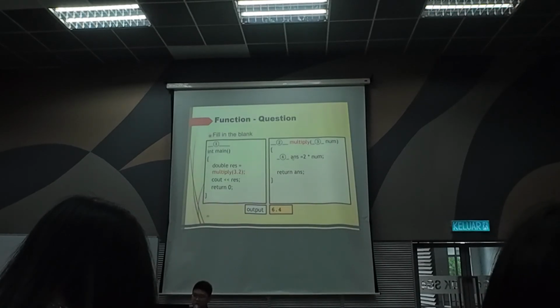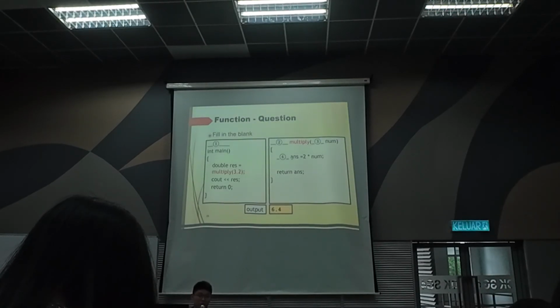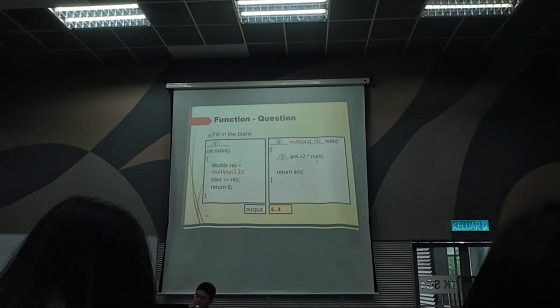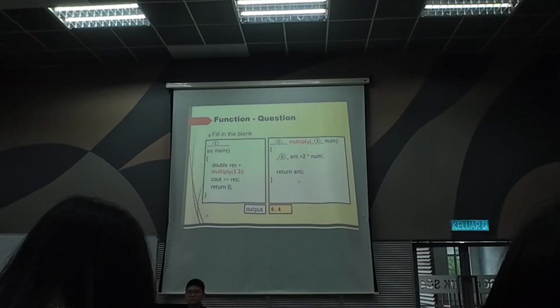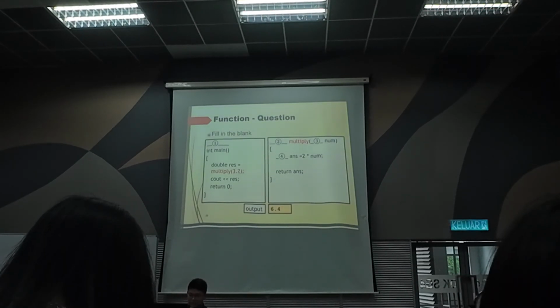So double answer, this is your double variable, equals 2 times your double variable here, num. So this num, where does this value come from? From here, right? From where you call the function.